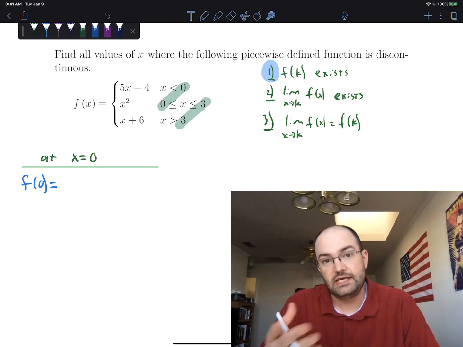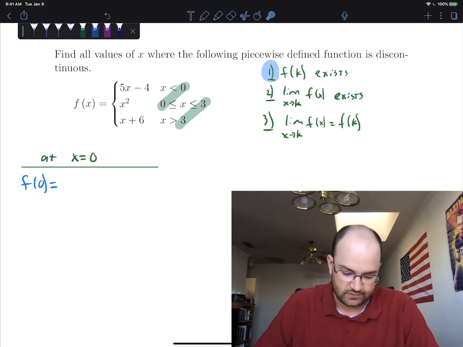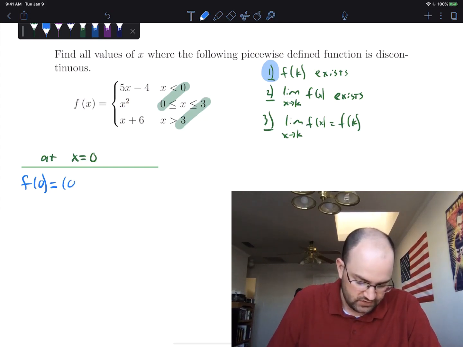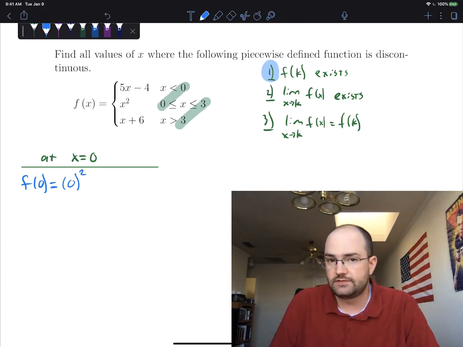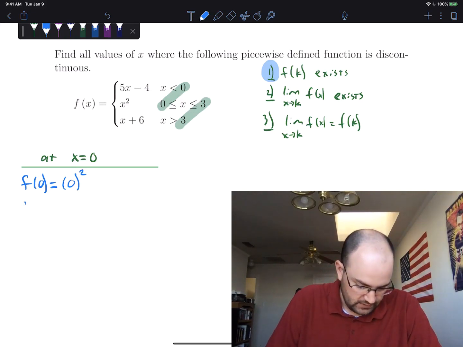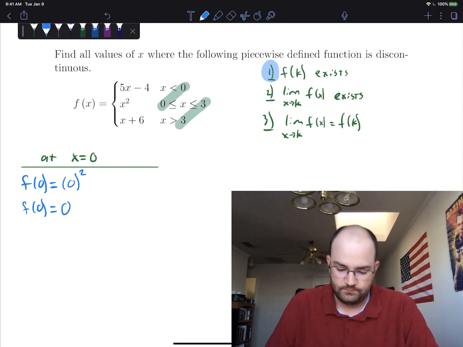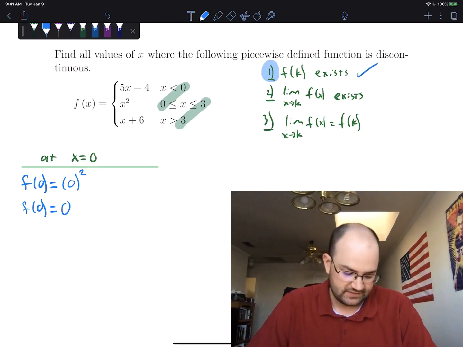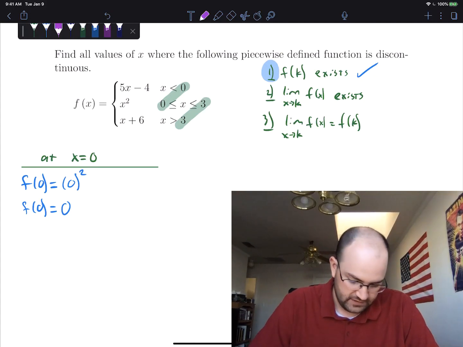Yes, it is, because it's equal to 0. So this is what we use for the definition. Here we just type in 0 squared, which of course gives us 0. So f of 0 is equal to 0. Good. That means that for this one, the function value exists.